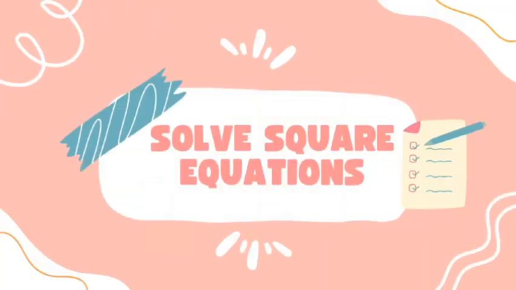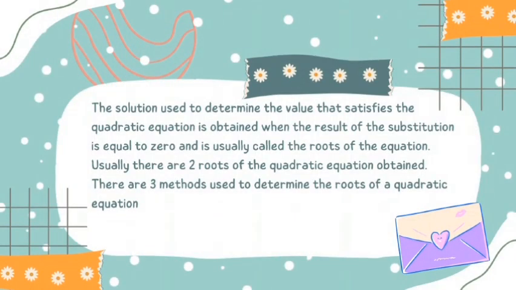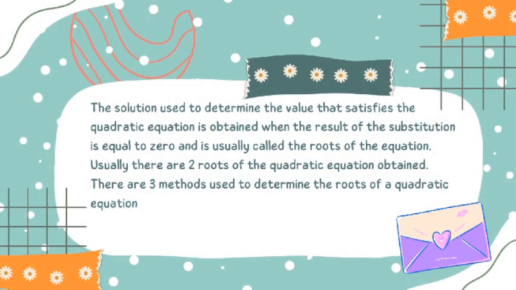Next, solving quadratic equations. The solution is the value that satisfies the quadratic equation, obtained when the result of the substitution is equal to 0, and it is usually called the root of the equation.